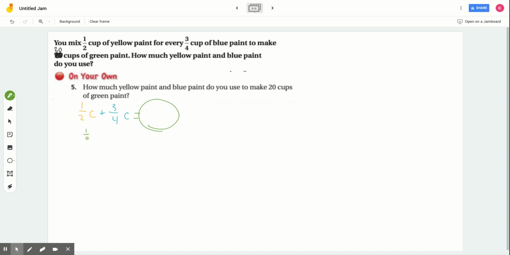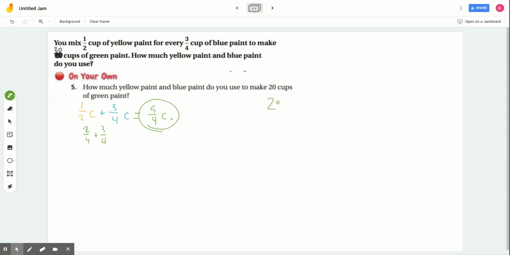Well, we know that 1/2 is like 2/4 plus the 3/4 because we have to have a common denominator to add and subtract is 5/4 cups. Now we need to divide 20, our total, by the amount of parts in our ratio.